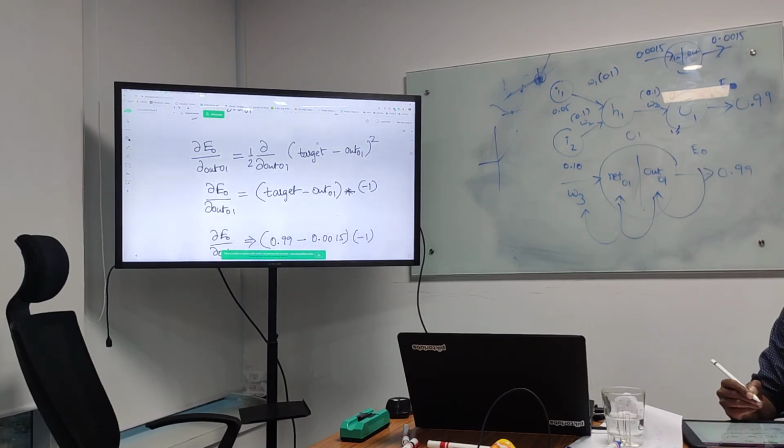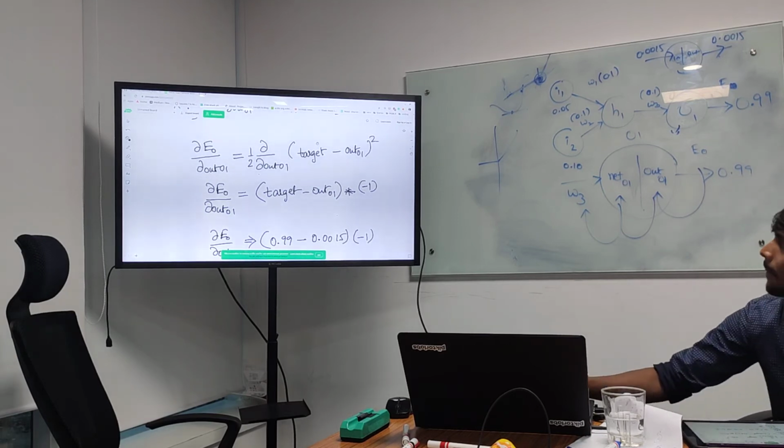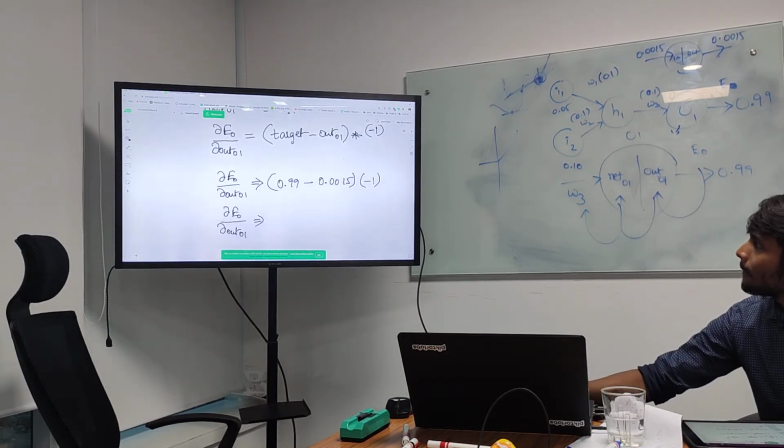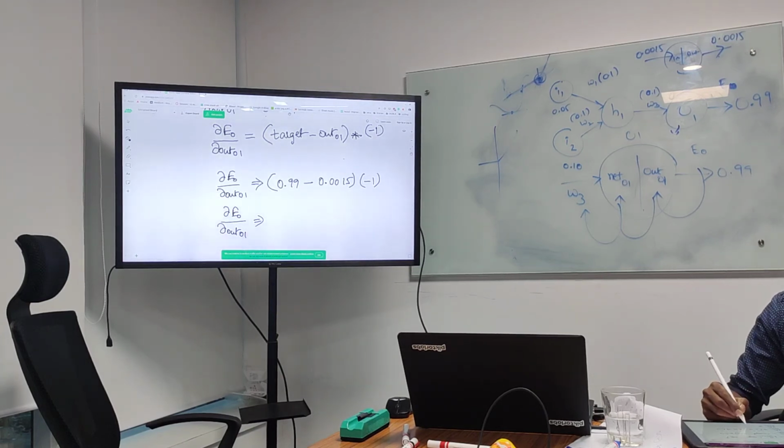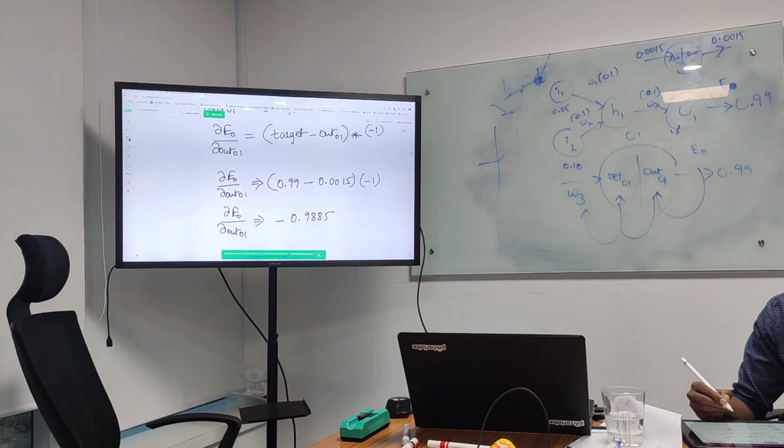Okay, I did a calculation mistake, but anyway. So it is the target minus out O1, which comes to 0.98, minus 1. Correct, since 0.0015 would give you 0.98.